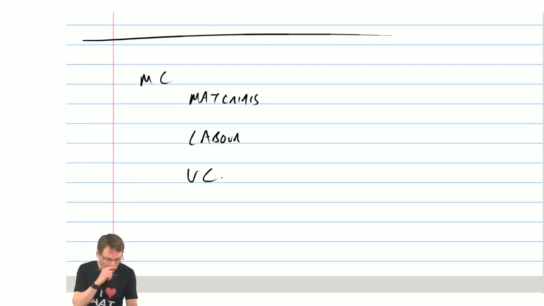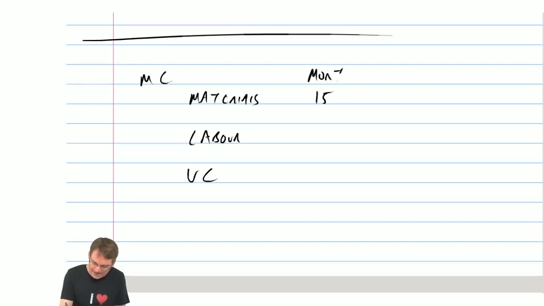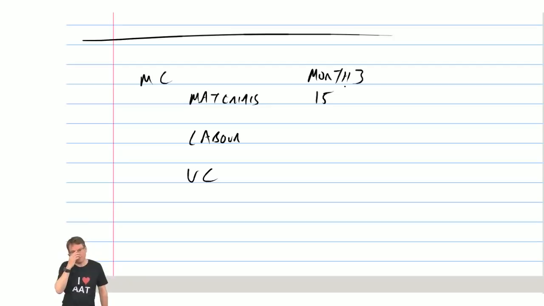Now we are told in month 3 that materials cost 15. I'll write month 3 just so we're exactly clear what we're writing about. So month 3, we're looking at 15 for materials. I'm given that in the question. Month 3, I'm given 10 for labour.